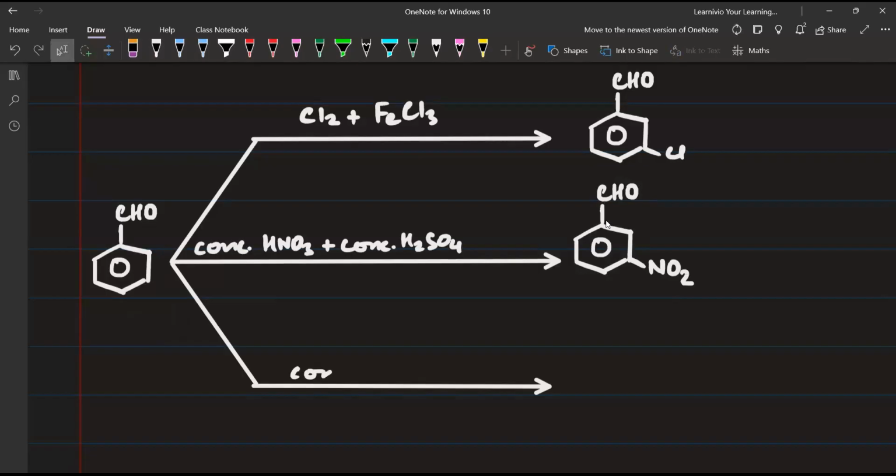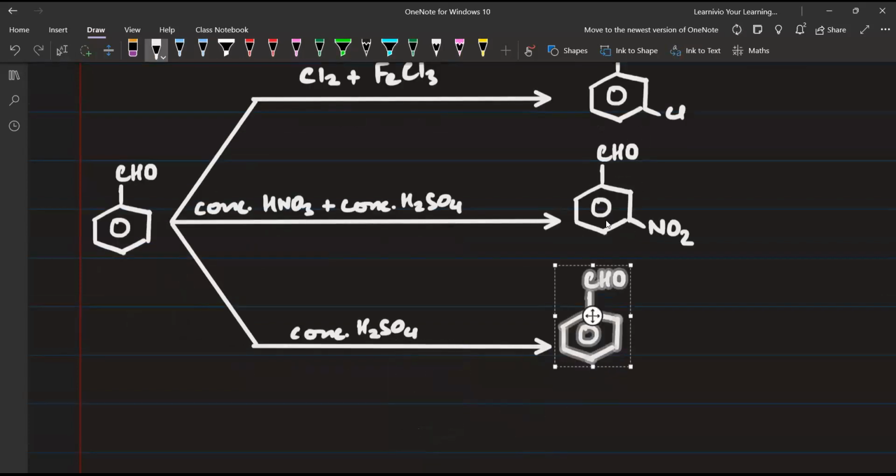Last one is concentrated H2SO4. This will give us sulfonation, and in sulfonation we have the SO3H group attached on the meta position.